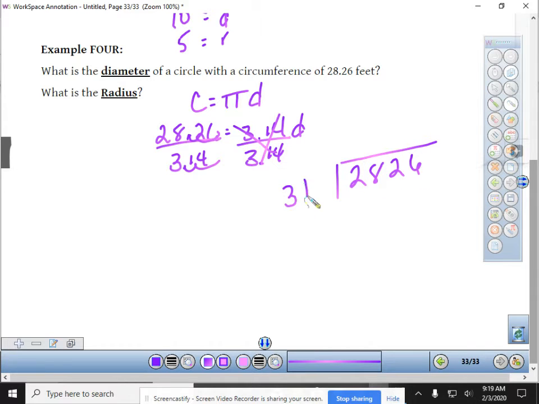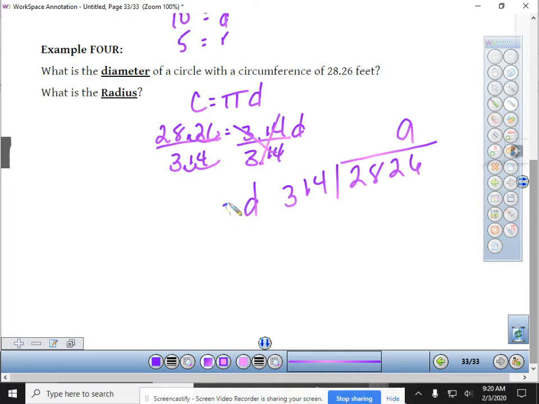And now, let's make an educated guess. We don't want to do that, do we? The 3 into 28 goes how many times? 9. Try 9. You will learn these numbers. You think it looks super hard? You will learn that when you get 28.26 as your circumference, the diameter is 9.